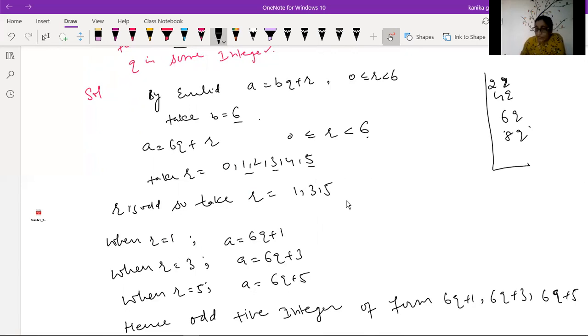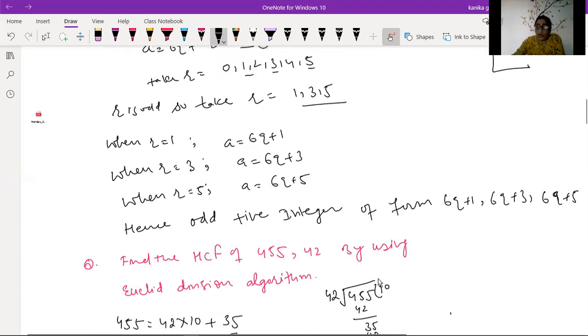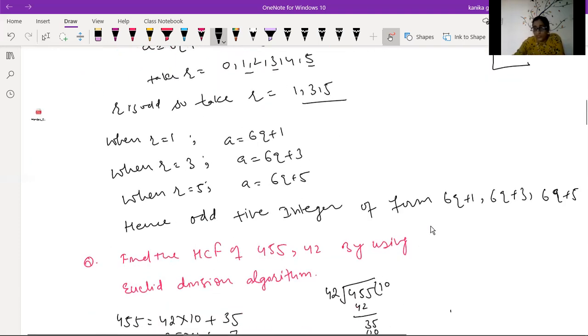When r is equal to 1, then a is equal to 6q plus 1. When we take r is equal to 3, then a is equal to 6q plus 3. Now when r is equal to 5, then a is equal to 6q plus 5. So odd positive integer is of the form 6q plus 1, 6q plus 3 and 6q plus 5.